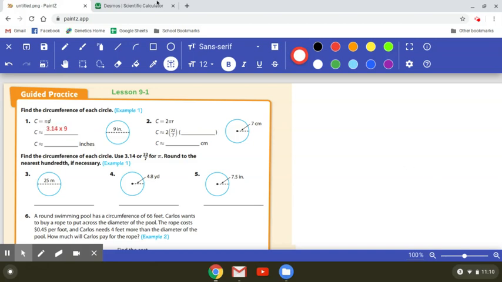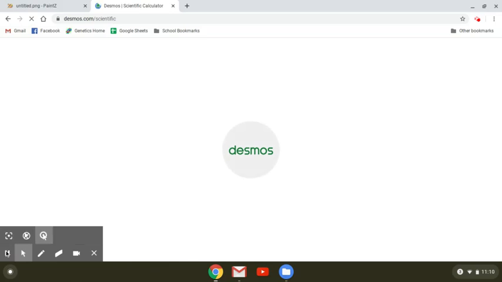And if you don't know what that is off the top of your head, because it is a decimal, we can go over and grab a calculator. And I am just using the Desmos Scientific Calculator, assuming that it loads, which it's being weird about.